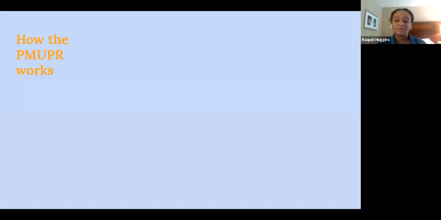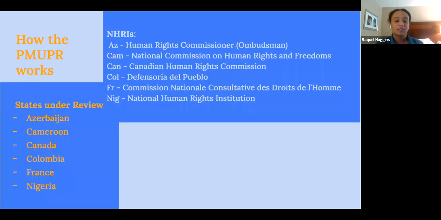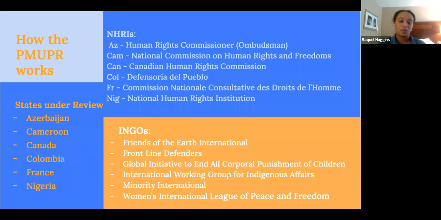All right, so this slide is going to show the countries that we've selected for this Padova Model UPR. So we have Azerbaijan, Cameroon, Canada, Colombia, France, and Nigeria, along with their NHRIs and INGOs.